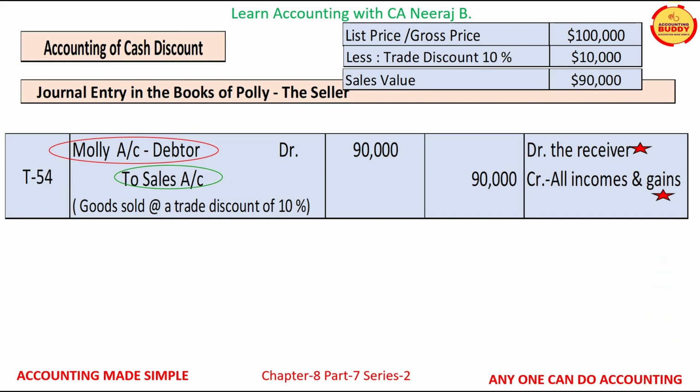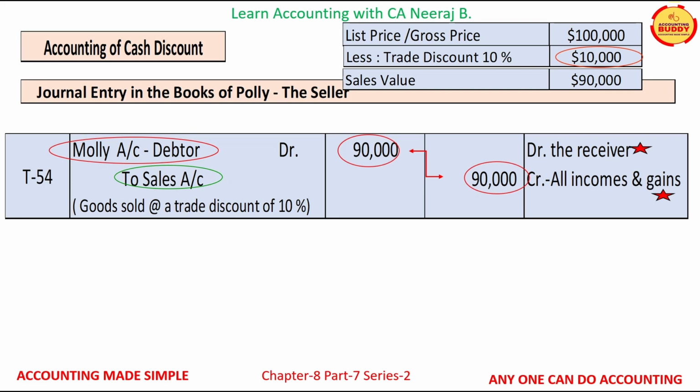Therefore, this transaction will be recorded net of trade discount with a value of $90,000 by debiting Molly's debtor account and crediting sales account. Please note that no separate entry for the trade discount of the value $10,000 will be passed. Let us now learn how the cash discount is accounted.